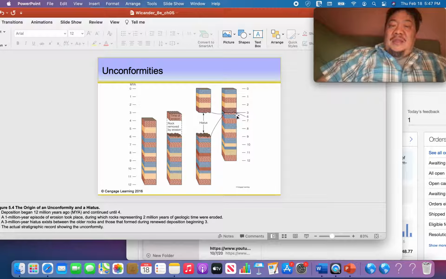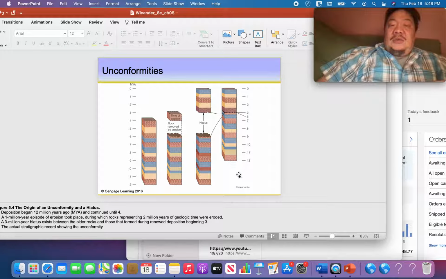In order to imagine how this works, let's take a look at 4 different columns of rocks. These are called stratigraphic columns. The best way I could describe that for you is stratigraphers work with stratigraphic columns.